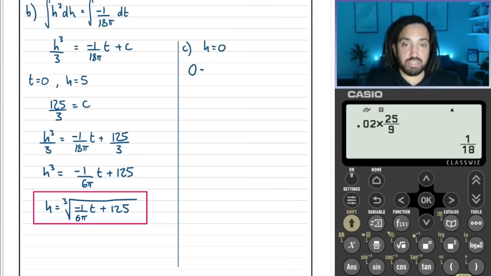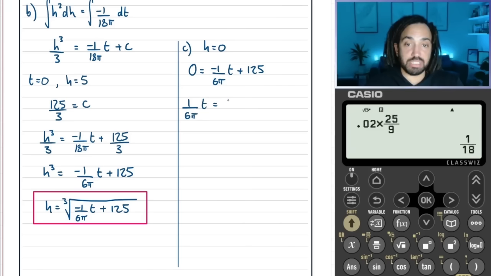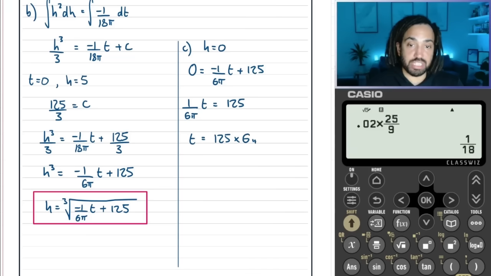So we can say 0 is equal to, well, if h is 0, then we can cube both sides and that will be 0. So it's just inside the cube root what we need to equal 0. So this here equals 0, which means 1 over 6 pi t must equal 125, which means t is going to equal 125 times by 6 pi.